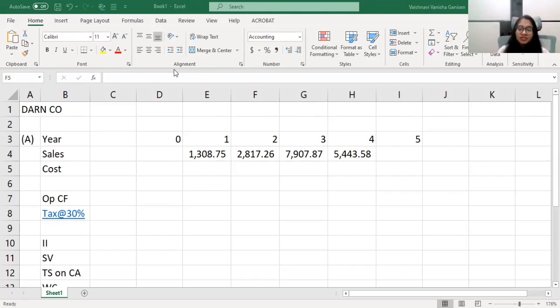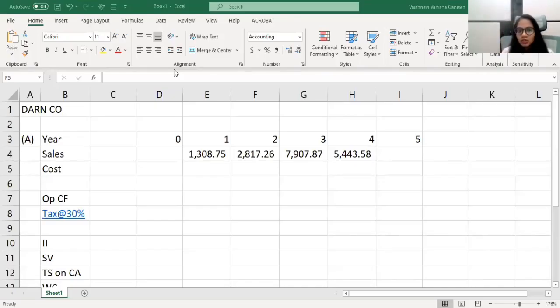So the 2570 is the revenue that you will earn in year 2, but that has not included the inflation level yet. All right, so what I need you to do is include that inflation level into your calculation.